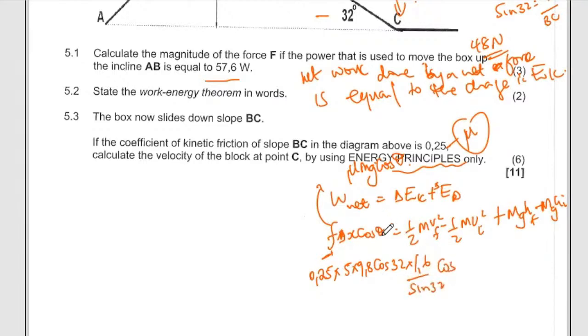And then we multiply by the cos of theta, which is cos of 180, in the negative direction. When I simplify this, remember this is just the left-hand side: 0.25 times 5 times 9.8 times the cos of 32, times the 1.6 over the sine of 32, and then the cos of that.